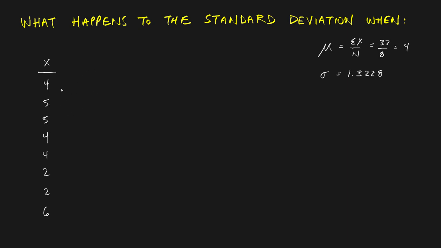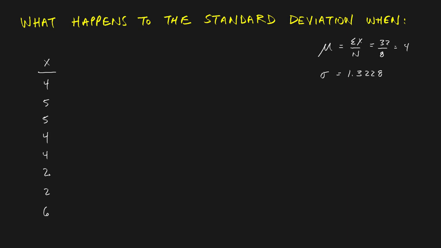Now, before I get into the math though, why would I bother doing something like that? Well, this sort of thing happens all of the time when you're dealing with sets of numbers. Let's imagine for a moment that these are 8 employees, and this is how much money, measured in thousands, that they make in a month. So somebody makes 4,000, somebody makes 5,000, and so on.